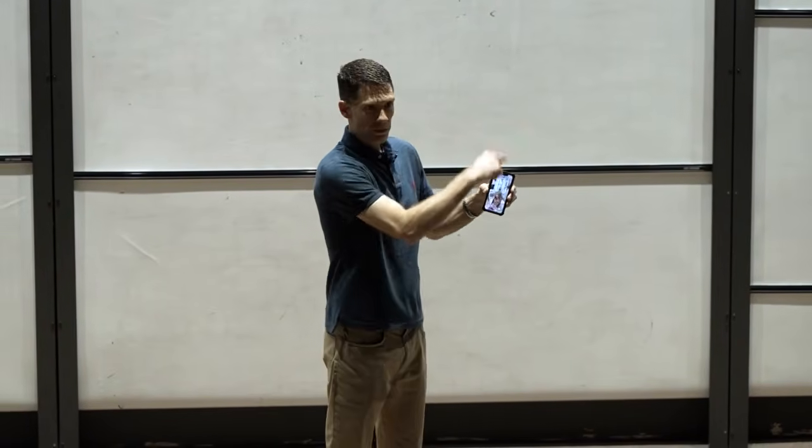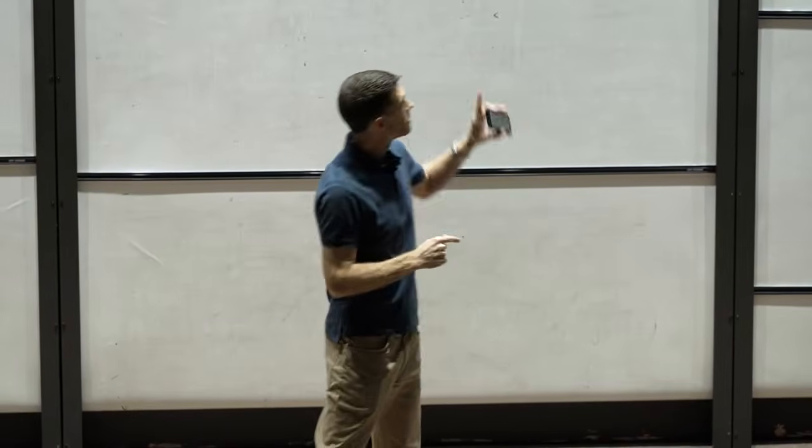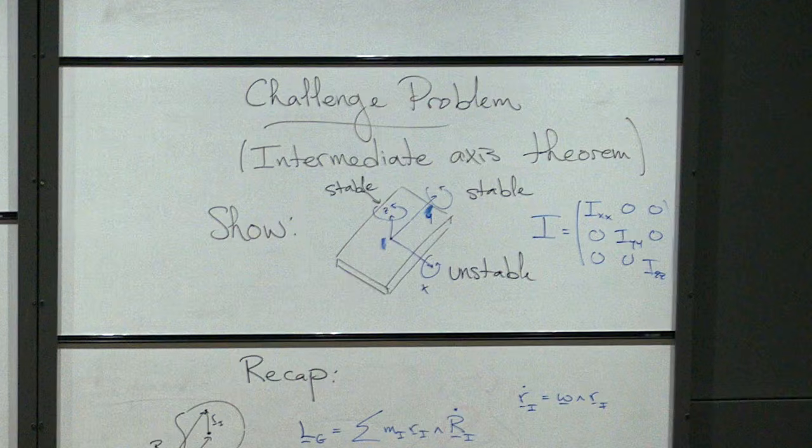That's going to be the largest one, that's going to be the smallest one, and that's the intermediate one. The intermediate axis theorem says that if you start an object rotating around the largest or the smallest axis, the rotation will be stable, and the middle axis is unstable.